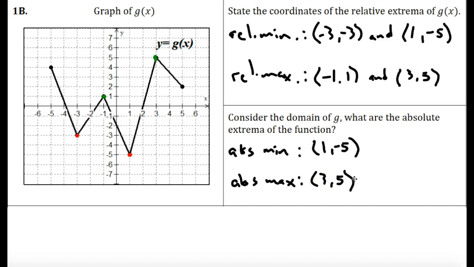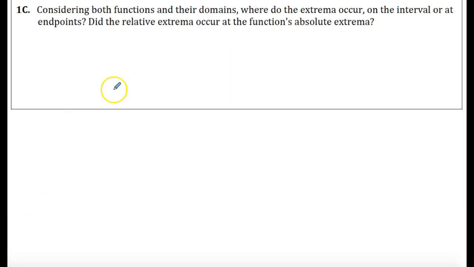So let's take a look at the bottom here. Okay, so it just asks, considering both functions and their domains, where do the extrema occur? On the interval or at endpoints? Do the relative extrema occur at the function's absolute extrema?